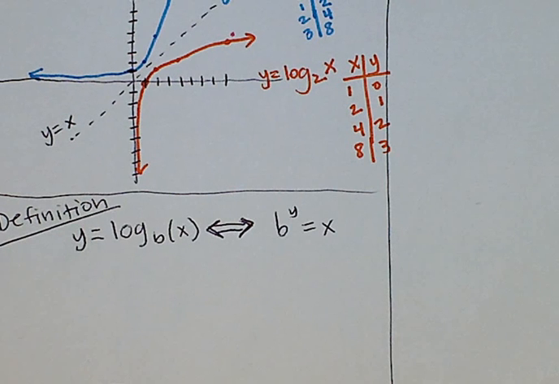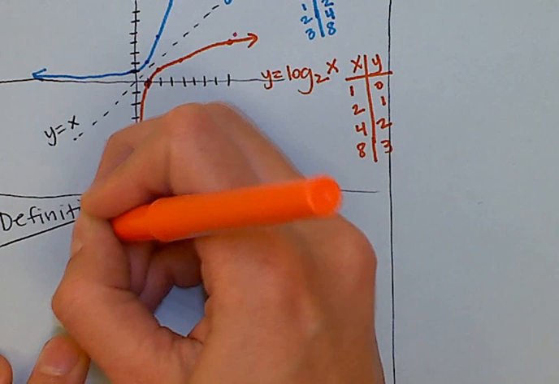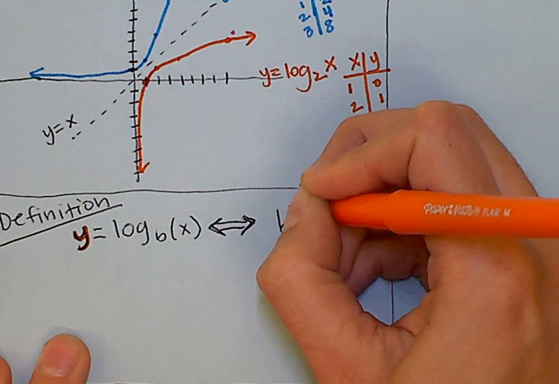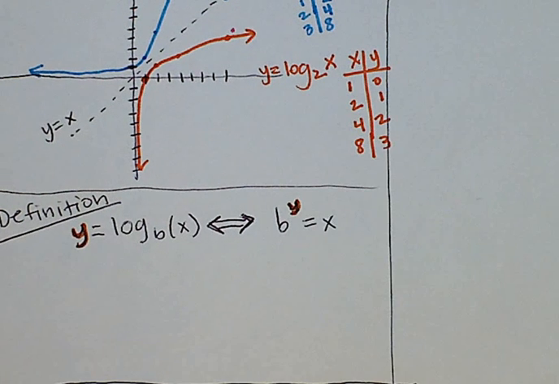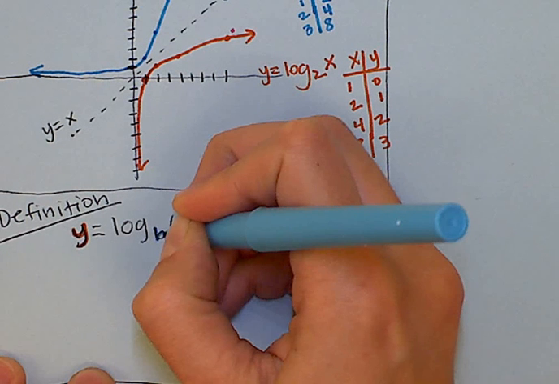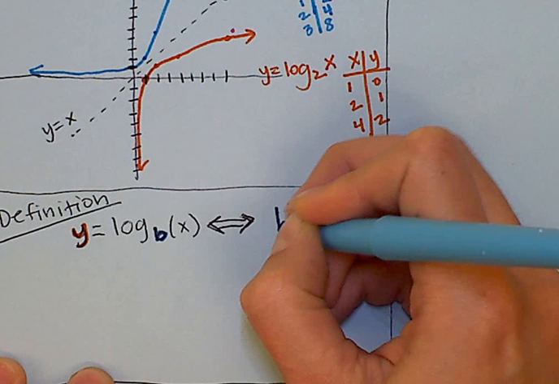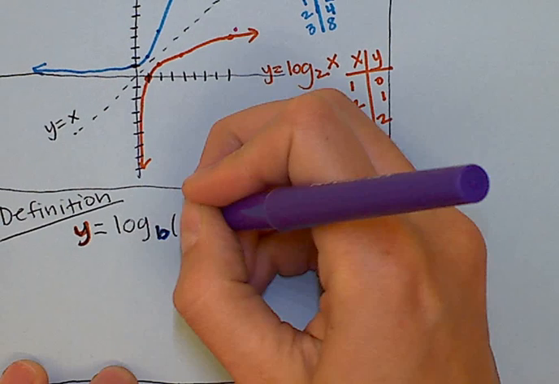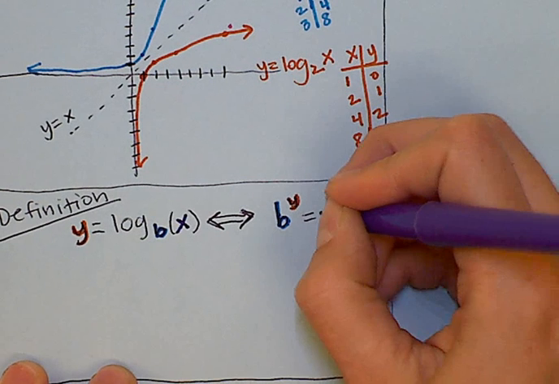So if we look here, basically our y in the log becomes the exponent in an exponential. We know that the base of the log is the same as the base of the exponential. And then the argument of your log becomes the answer in the exponential.